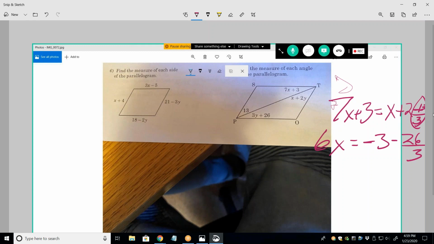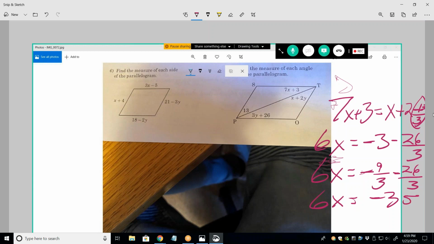Minus 2, yep. So, minus 3 is how many thirds? It's minus 9 thirds, right? Yep, so 6x equals minus 35 thirds.